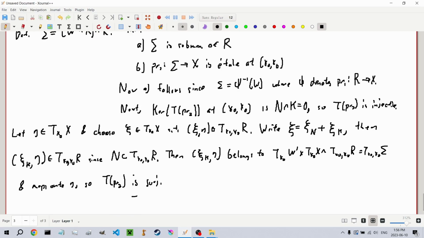Thus, there exist open neighborhoods U1 and U2 of x naught such that the second projection of the intersection of sigma and U1 times U1 onto U2 is an isomorphism.